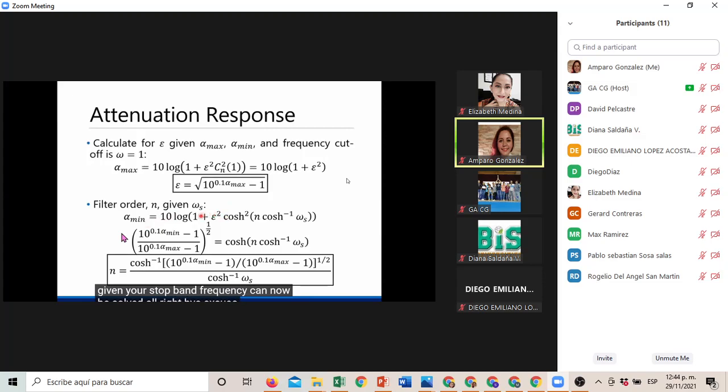Okay, by substituting epsilon right here from here to here, you can now isolate your filter order n. So solving for filter order n from this equation, we have this big equation right here for filter order n.